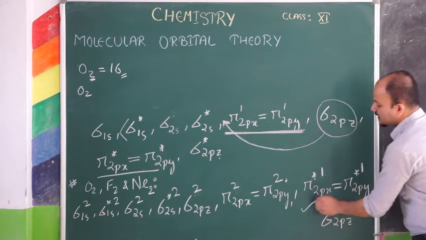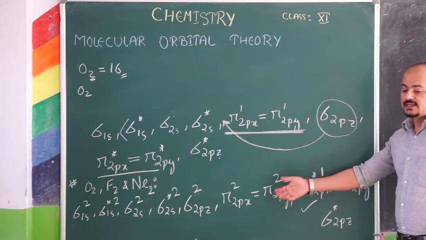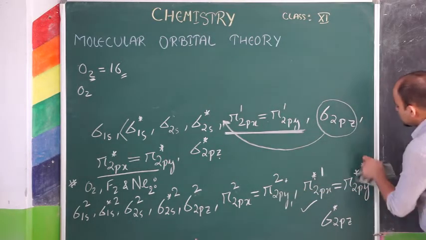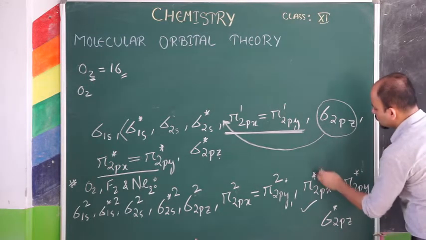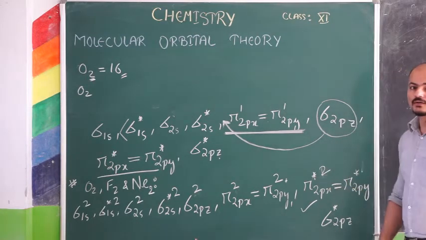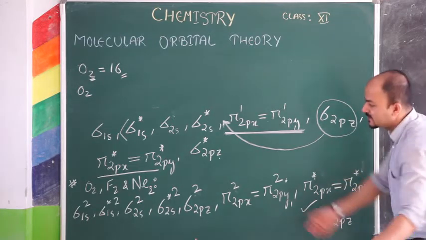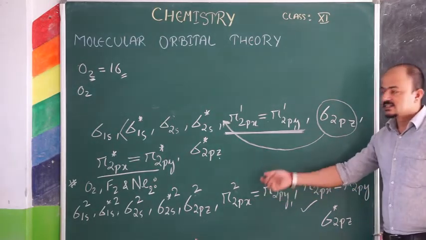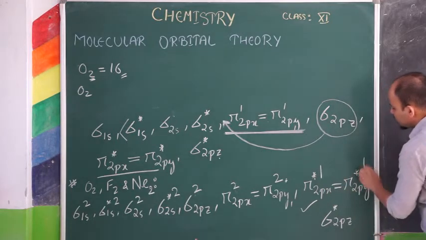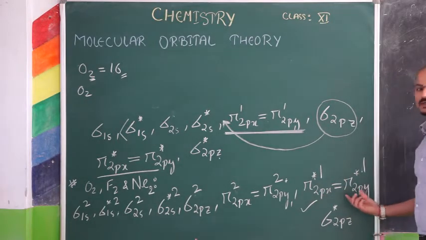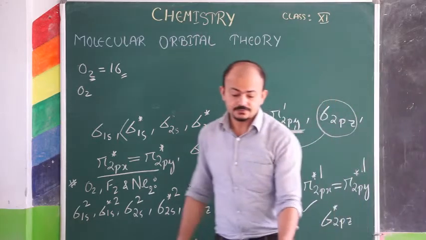Now this is the correct sequence of filling the electrons. If you have written 2 here and 2 here, it will be wrong. You will get 0 for that. So please be very careful. This is very simple, but there are certain points you have to remember. While filling the degenerate orbitals, it has to be single first. Hope this is clear.